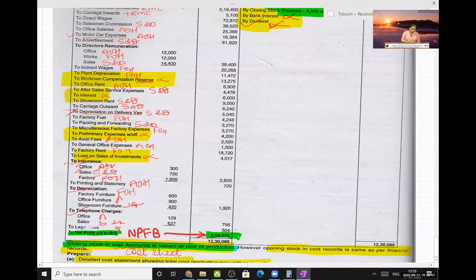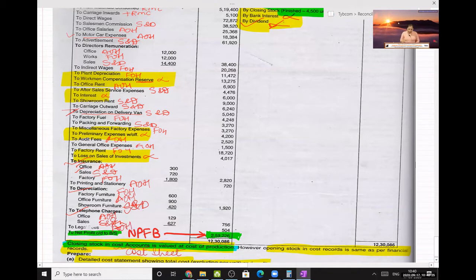Depreciation on office furniture will go to admin. Depreciation on showroom furniture will go to selling and distribution. Don't forget all these things. Then telephone expenses: office will go to admin, sales will go to selling and distribution. Legal expenses will go to admin overheads.